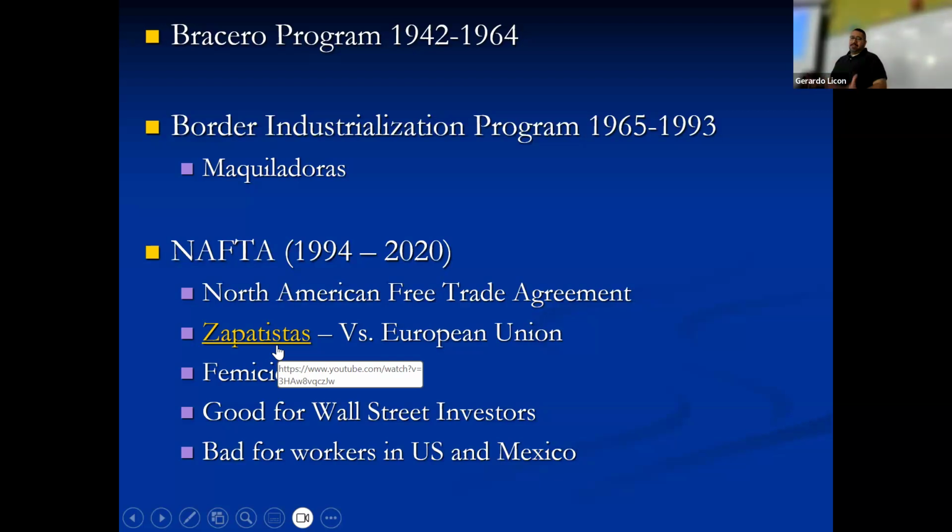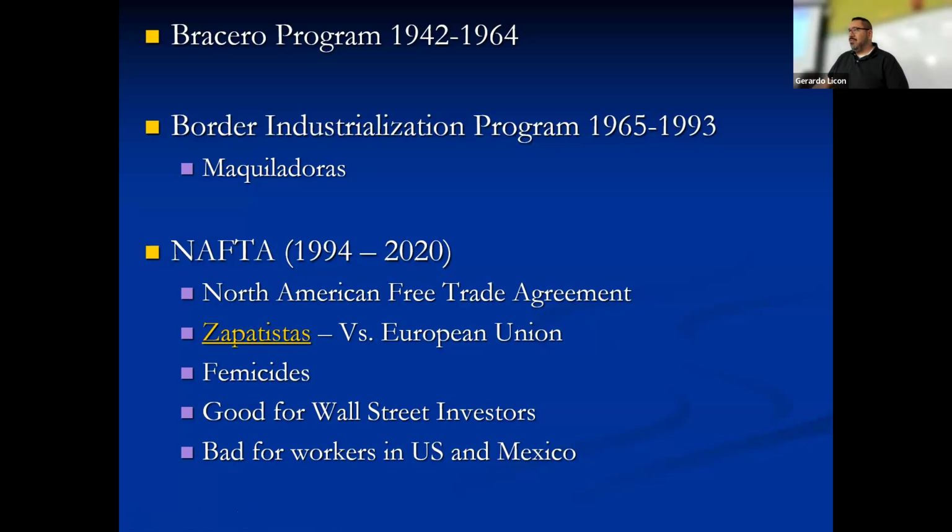And part of this could have been foreseen, because if we look at different trade agreements between different countries in different parts of the world, like, for example, the European Union, we see that these trade agreements not only allow for the free movement of products and capital, they also allow for the possibility that there's going to be changing or shifting labor demands within these countries. And so people are going to need to move to where the work is as well.